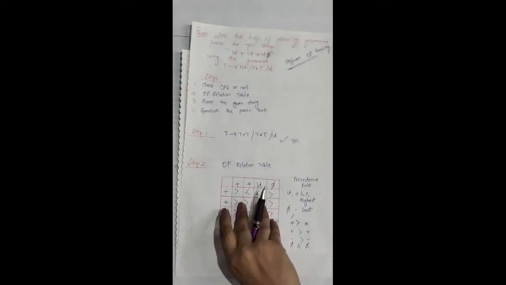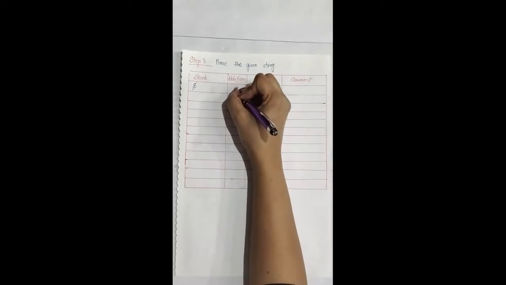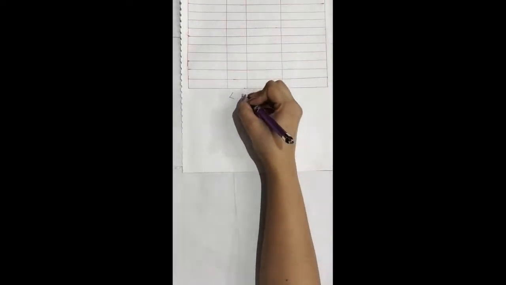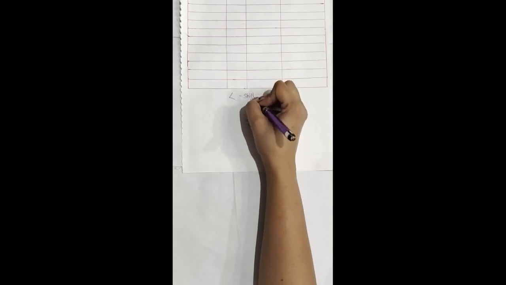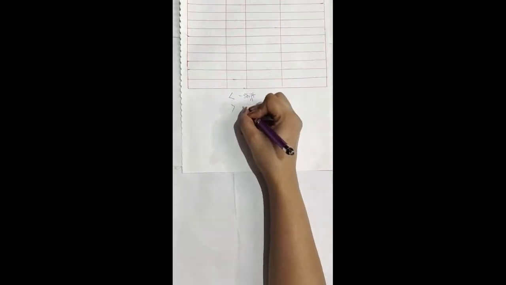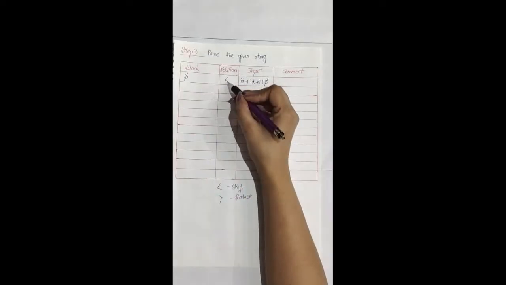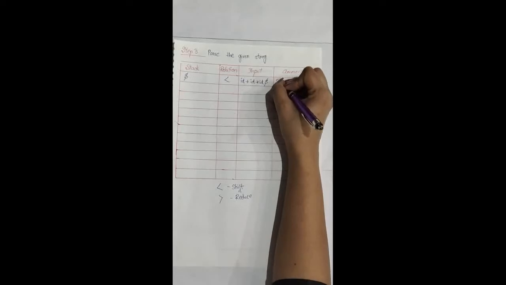Dollar and ID. So we have a symbol like this. Fine. I told you yesterday that in case we have a symbol like this, then we have to perform a shift action. And if we have a symbol like this, then we have to perform a reduce action.